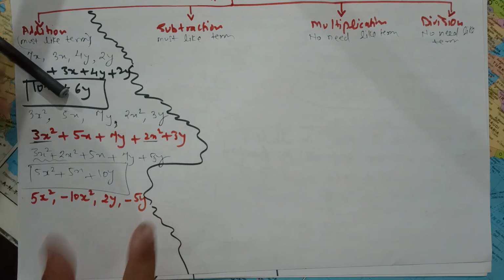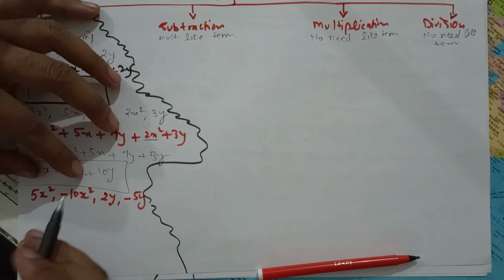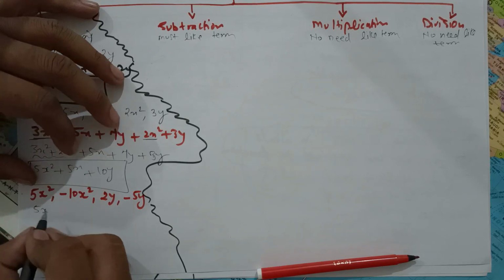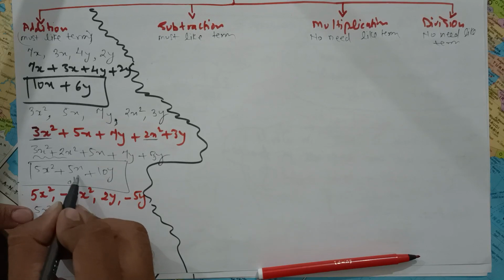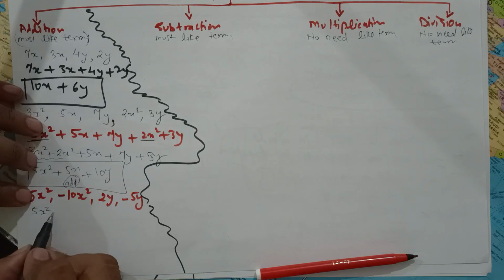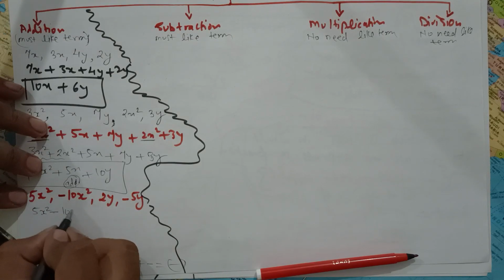I think you must know integers too. So keep one type of term on one side. See, we have to add it. We have to add it, but the minus is there. So when we put plus, then plus minus will be minus. Plus and minus will be what? Minus. So minus 10x square.